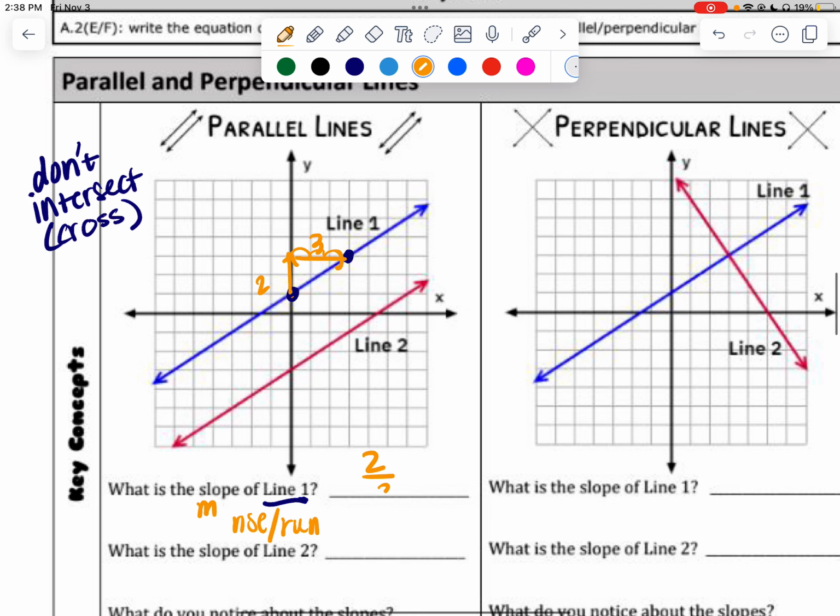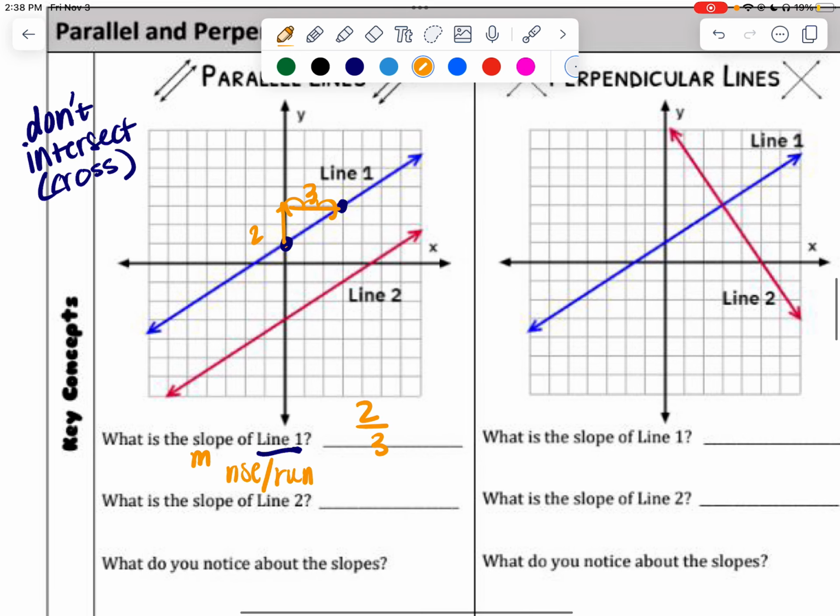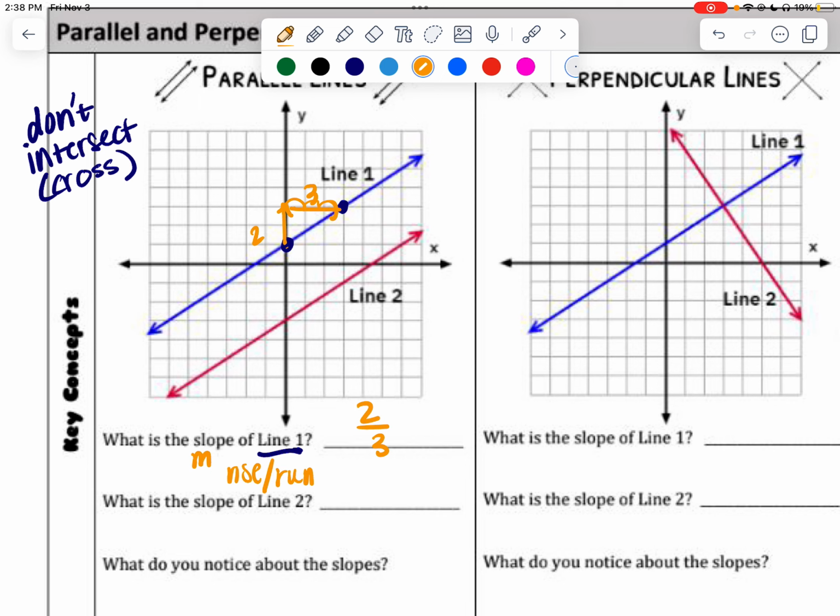So 2 over 3. And if I'm looking at line 2, I'm going to do the exact same thing. Pick 2 points, perfect points. And I'm going to go up 2 to the side 3. So up 2, run 3.